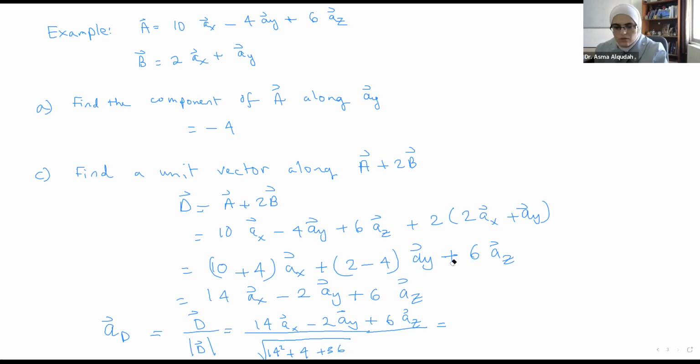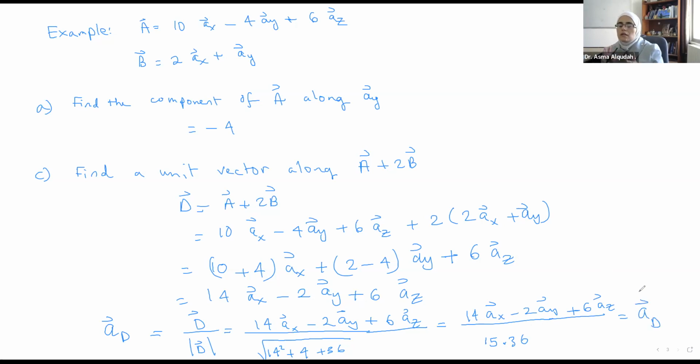So this should be equal to 1 divided by 15.36, the square root of this thing, times 14a sub x minus 2a sub y plus 6a sub z. Then this is the unit vector along d.